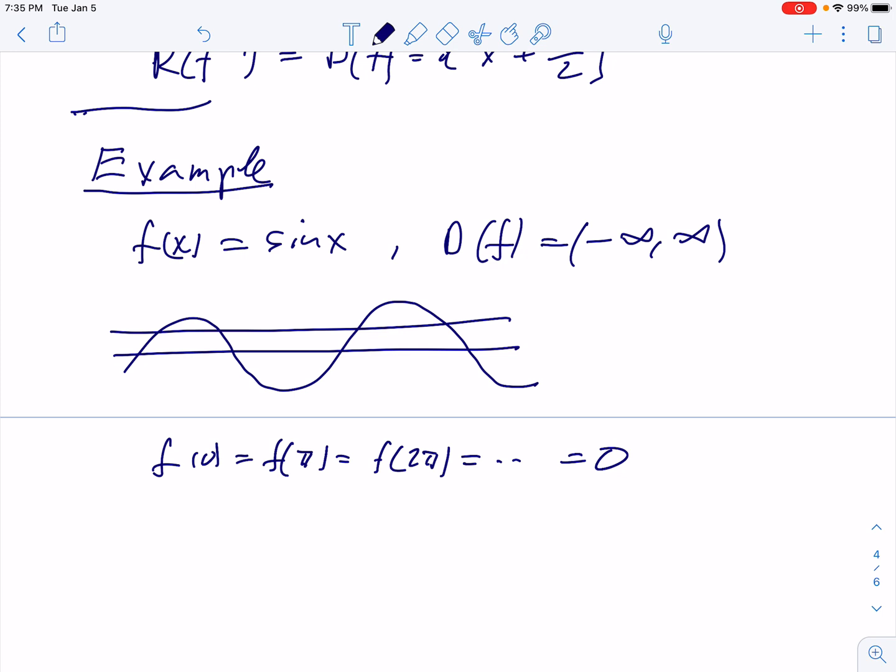Take the domain to be only between negative pi over 2 and pi over 2. So now take f(x) equals sine x with a much smaller domain, minus pi over 2 to pi over 2.